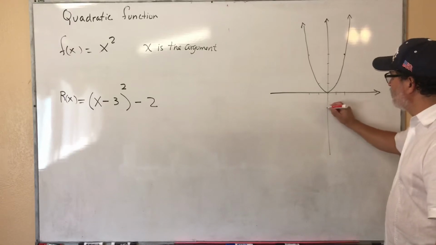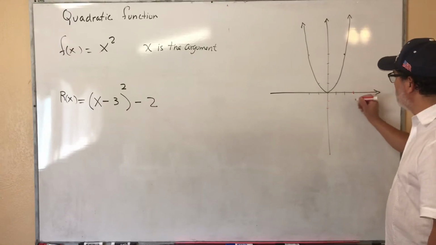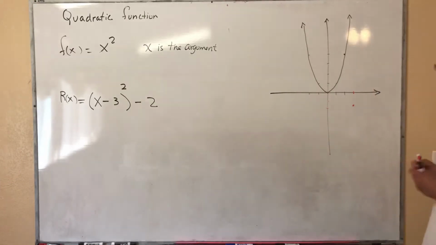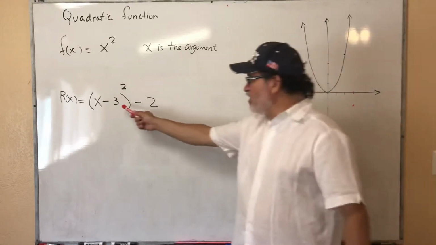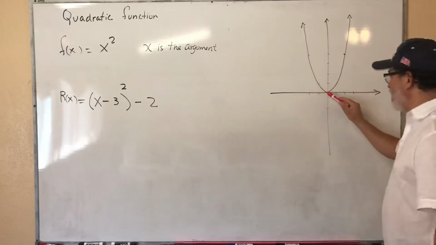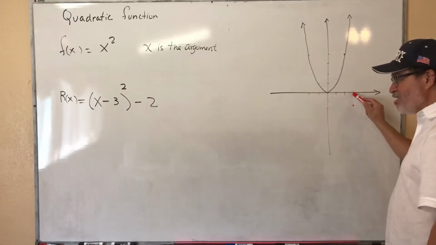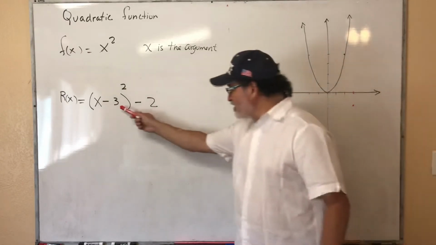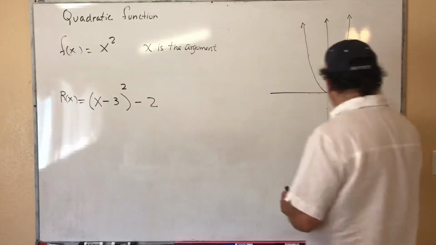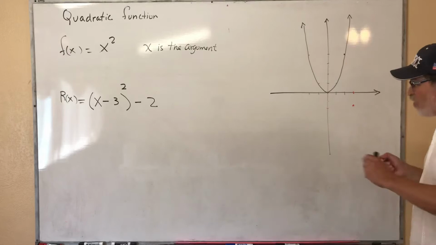Whoa. And that's the new vertex. So this really tells me the new vertex. The basic parabola, 1, 2, 3 units right. So this one is telling me the new vertex and 2 units down.